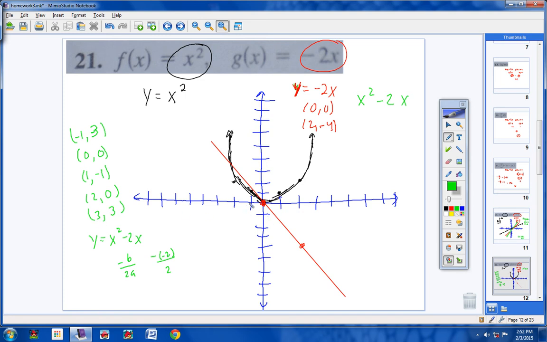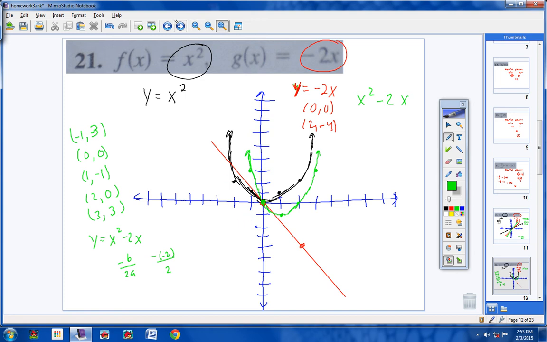So negative 1, 3, 1, negative 1, 2, 0, 0, 0, and then 3, 3. So there we go, students. We have a parabola. And there we go. So now you're seeing what you get when you take a linear function and a quadratic and you add them together. There's a picture of it.